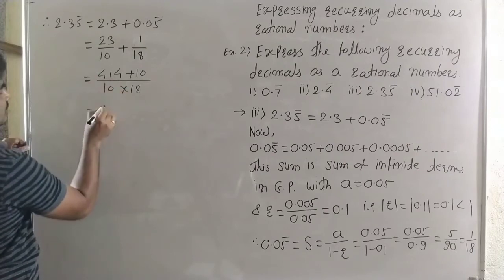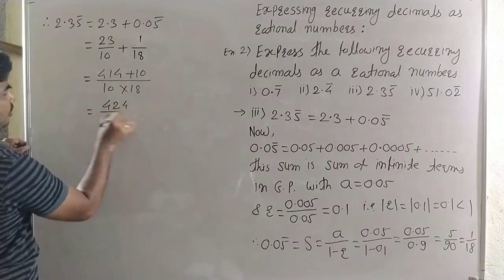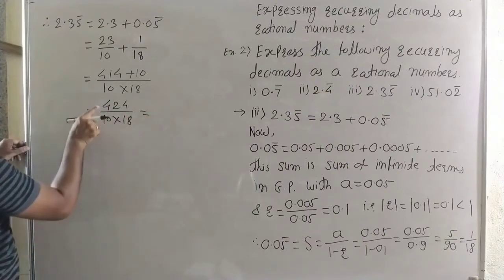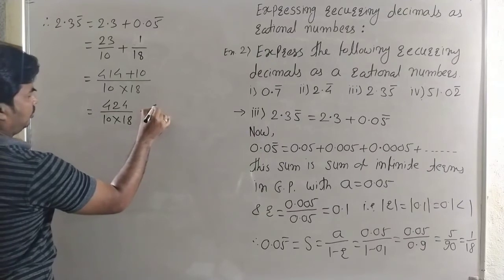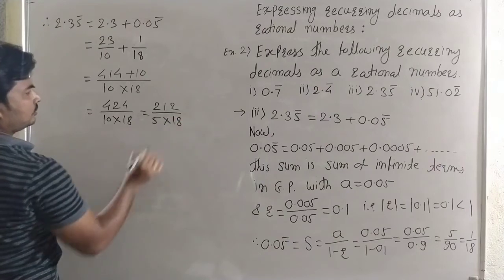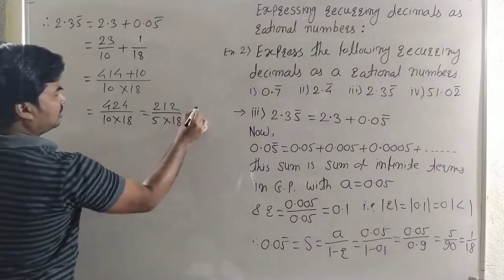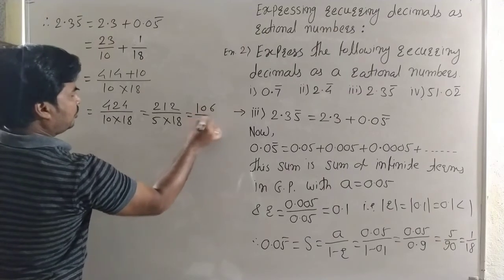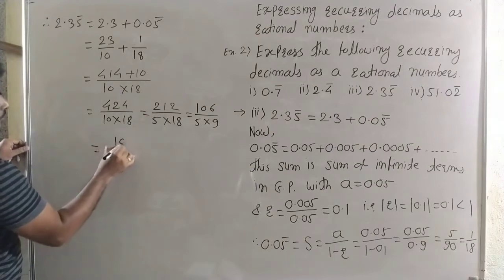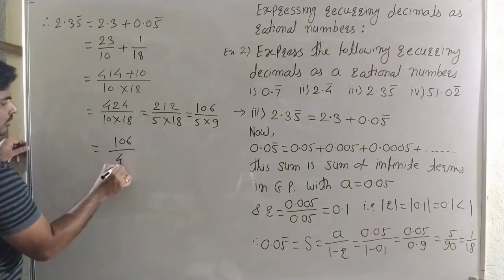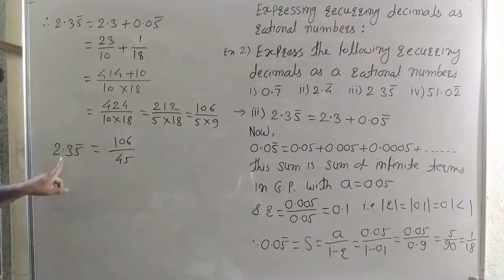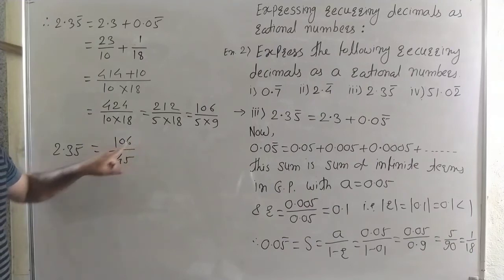Now here it is 424 upon 10 into 18, and then it is 400, you can divide it by 2, therefore it is 212 upon 5 into 18, again divided by 2, it is 106 upon 5 into 9, here again divided by 2, and then the last answer is 106 upon 45. Here 2.35 bar is 106 upon 45.